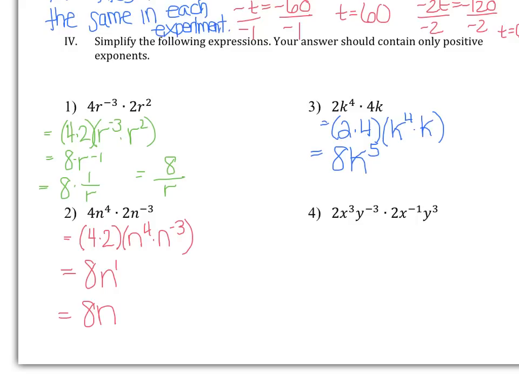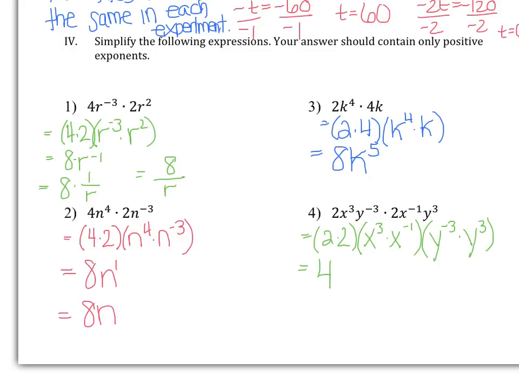Finally, for number 4, I'm going to put my numbers together, so 2 times 2. I'm going to put my x's together, so x to the third times x to the negative first. And I'm going to put my y's together, y to the negative third times y to the third. 2 times 2 is 4, so that's pretty straightforward.